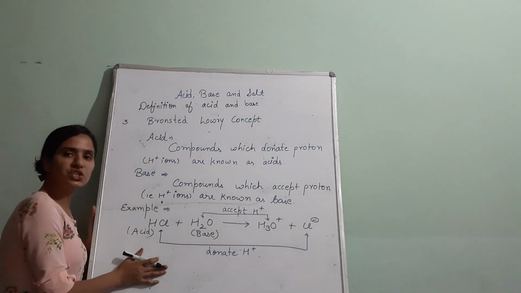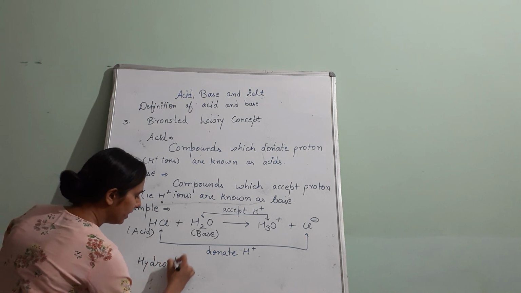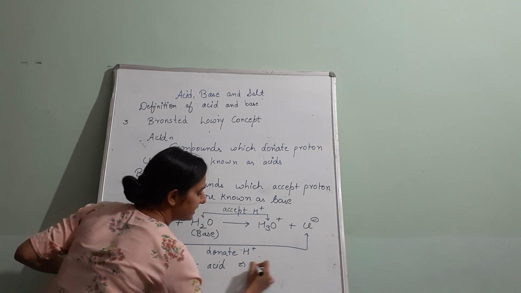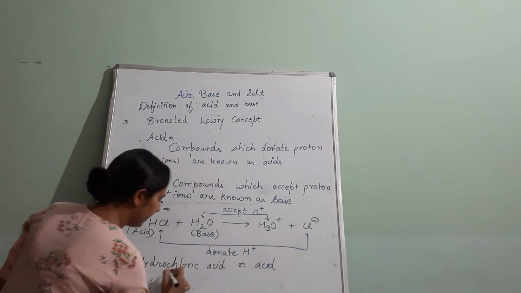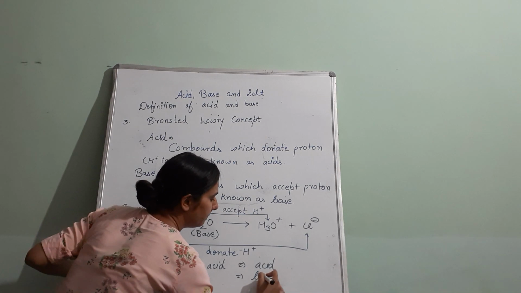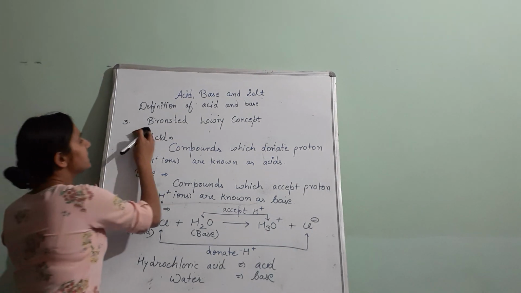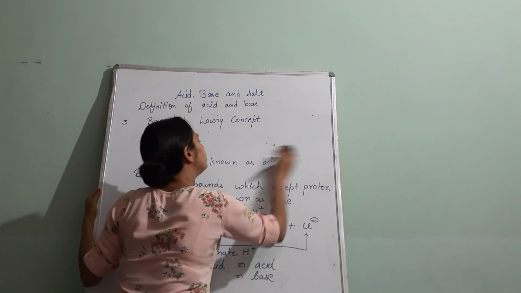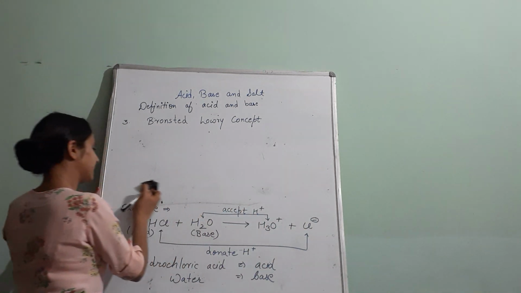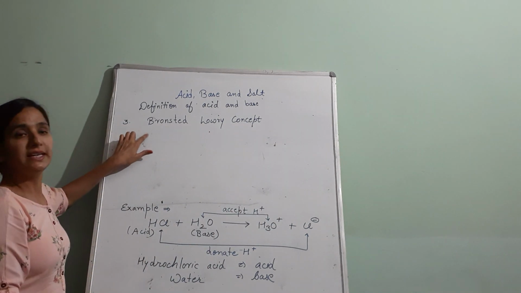So, in this reaction, hydrochloric acid acts as acid, and water acts as base. Let's discuss a few more examples which help us clear which substance is acid and which substance is base according to Bronsted-Lowry concept.